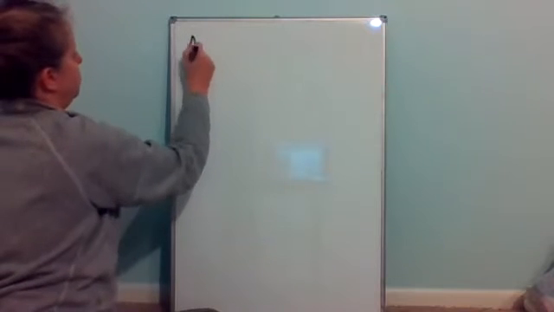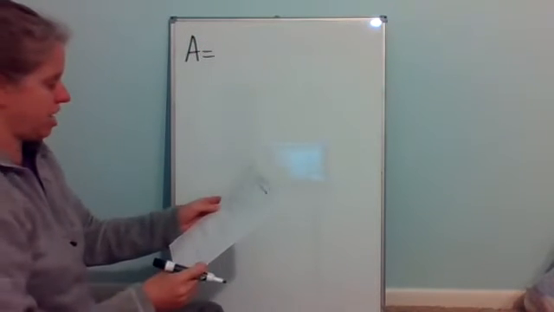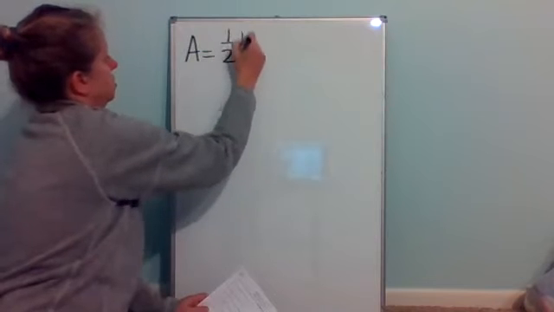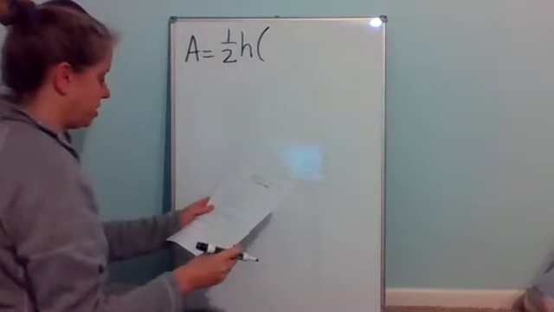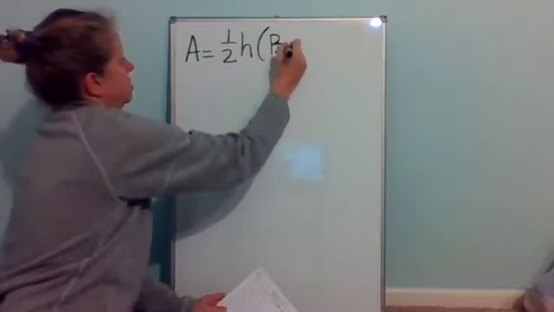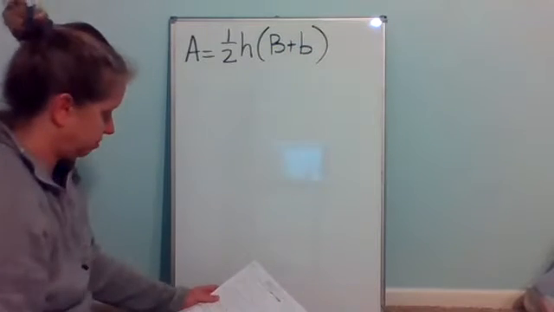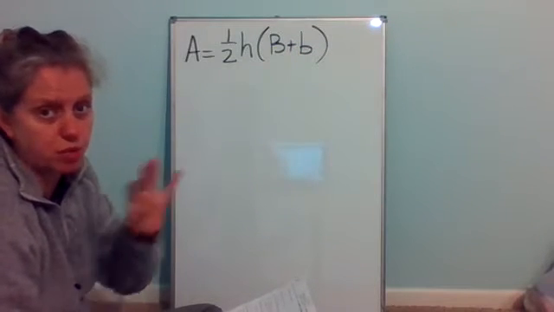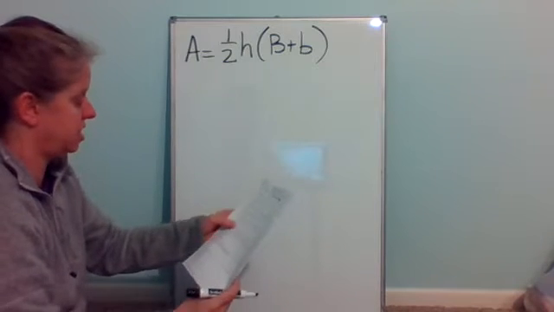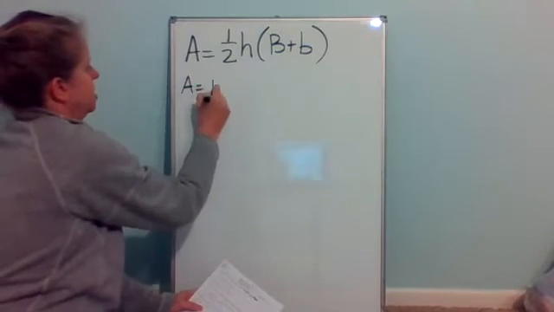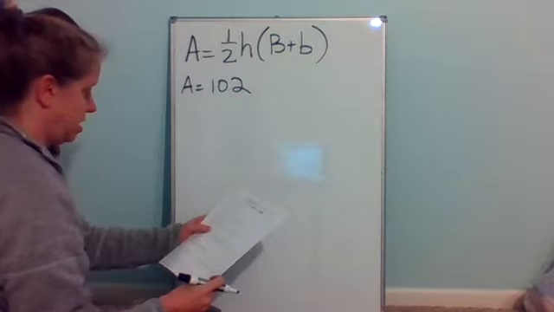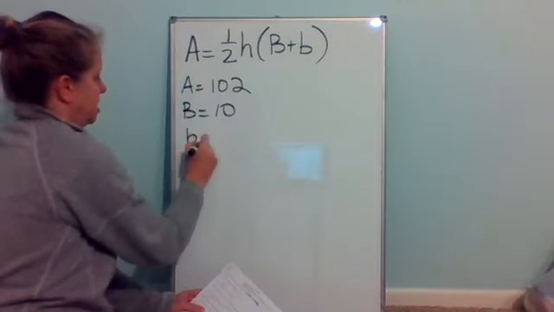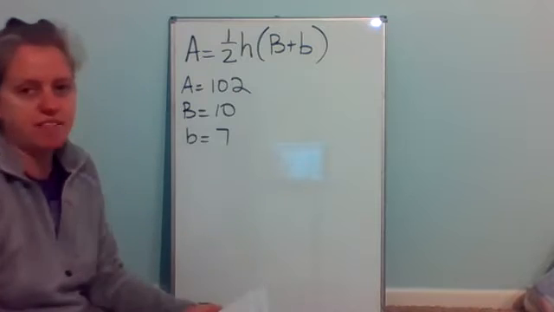This is another one of those formula problems where it says area equals 1/2 H, then it has open parenthesis, big B plus little b, close. Then it gives us 3 numbers that we can plug into this. It tells us that the A is 102, the capital B is 10, and the lowercase b is 7.